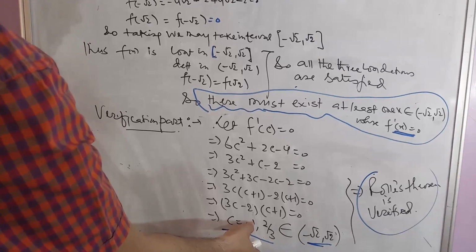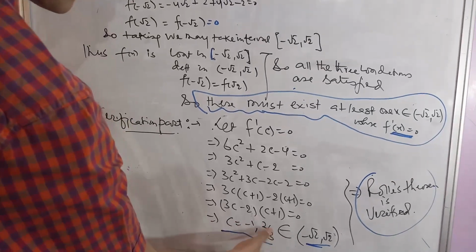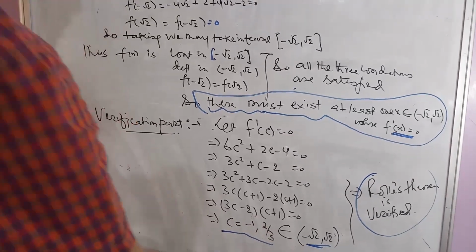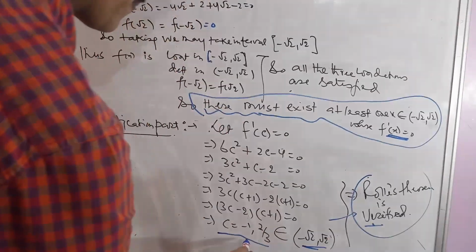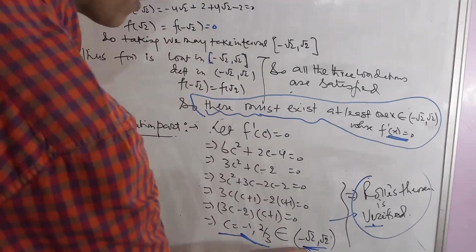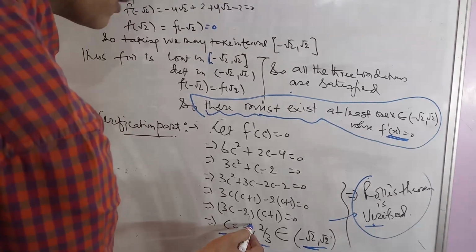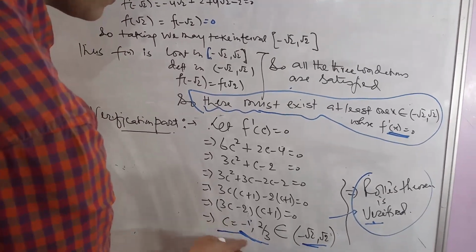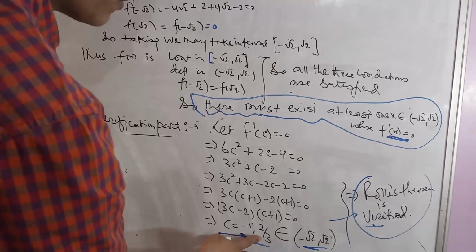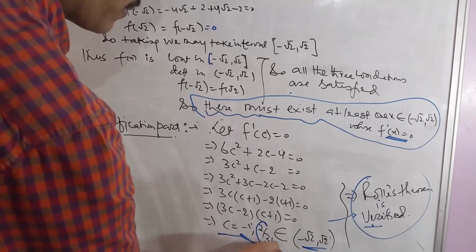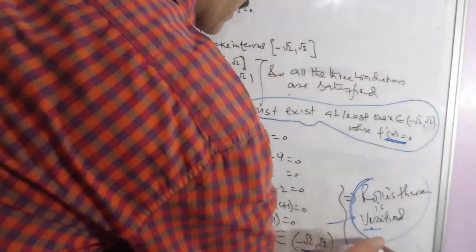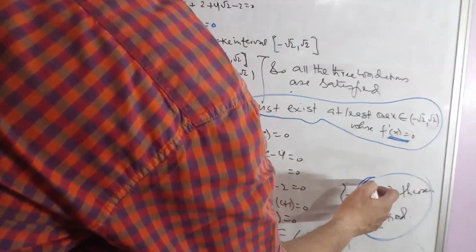If at least one of the two belongs to this interval, then Rolle's theorem may be verified. Here both values of c belong to this. If this value did not belong to this interval, and this value belongs to this interval, verification will be assured.